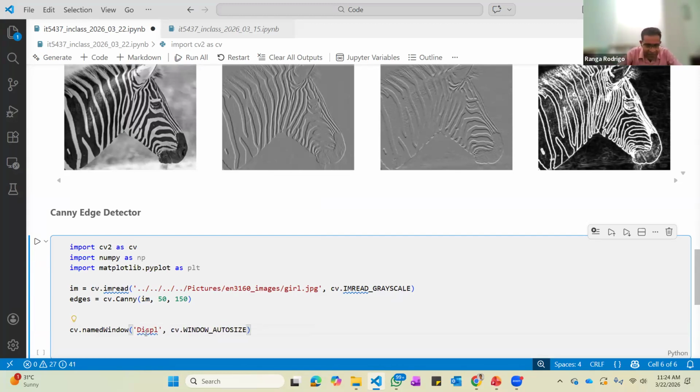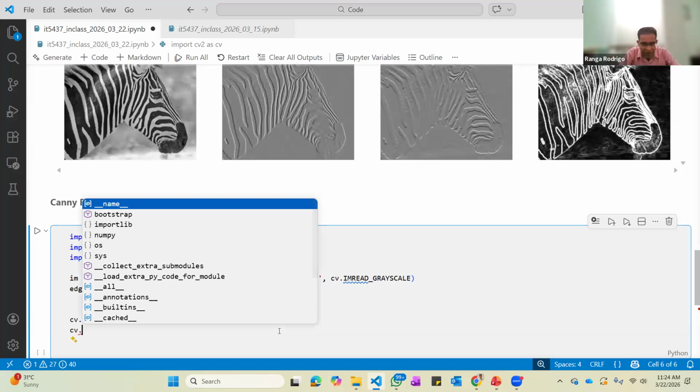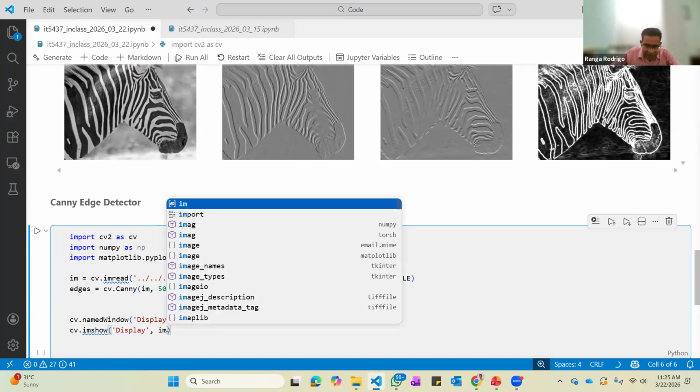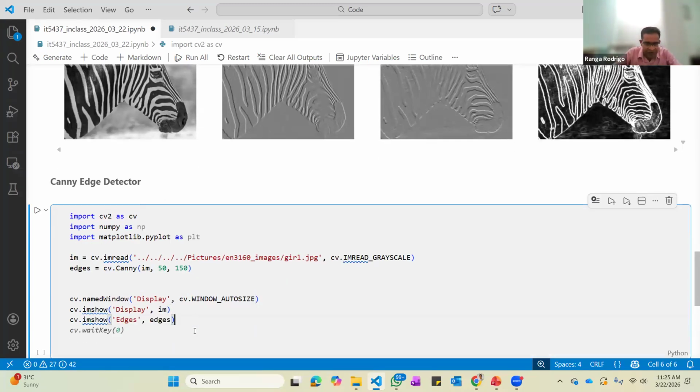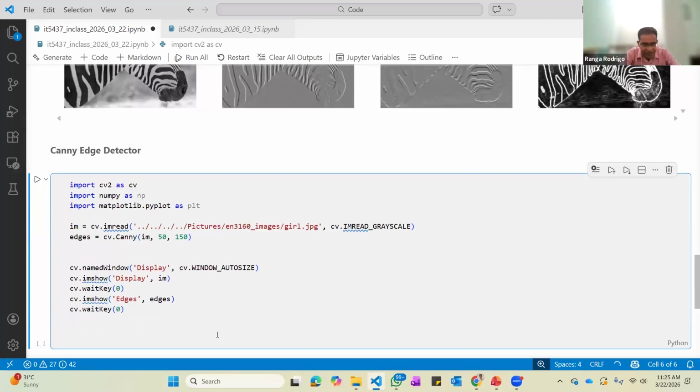Then in this window, we can use cv.imshow, first the original image, and then we wait for a key: cv.waitKey(0), and again wait for a key, and then cv.destroyAllWindows.